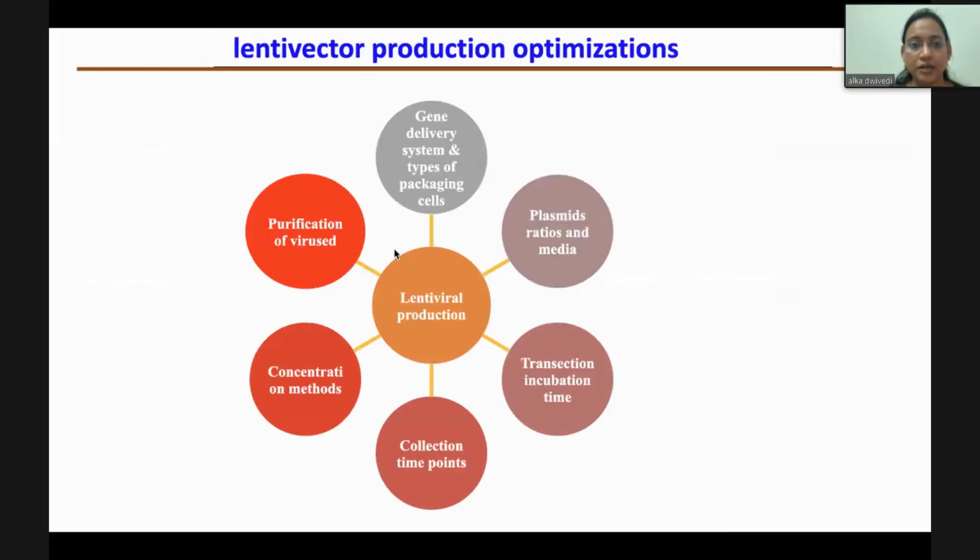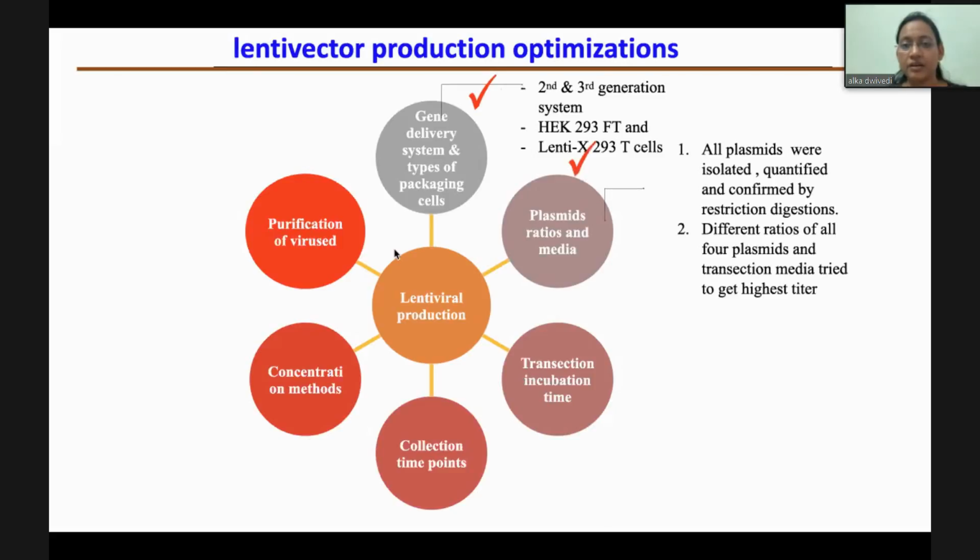After that, we optimized lentiviral production, which involves multiple steps. The first step was whether we should use the second generation or third generation lentiviral system. Here we used both systems. We also used different packaging cells, like LentiX 293T cells as well as HEK293 FT cells, to get a high titer.